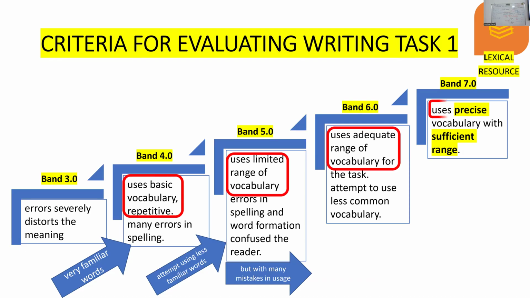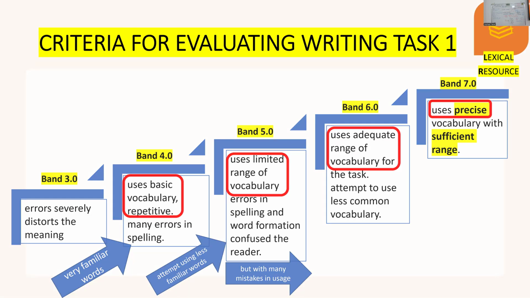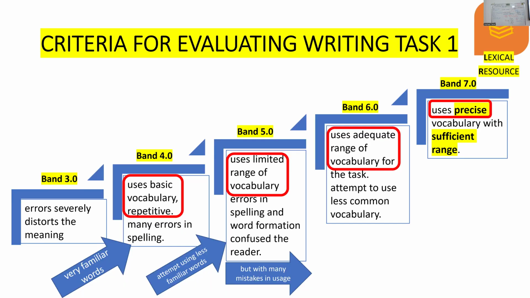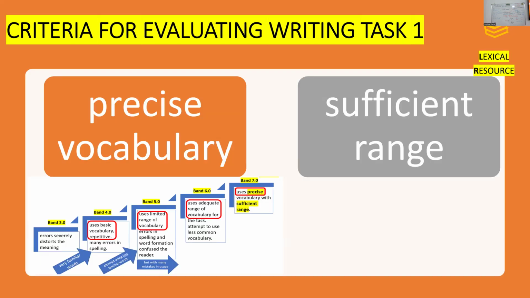Now, there are two main criteria to pay attention to in order to get a higher band score for lexical resource. One is the precision, and the other one is the sufficient range. So let us take a look at these two key points for getting a better score for lexical resource.